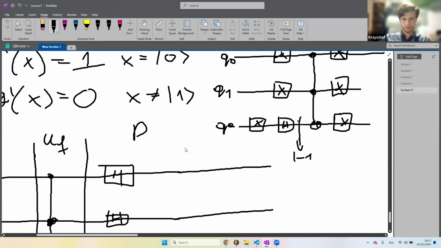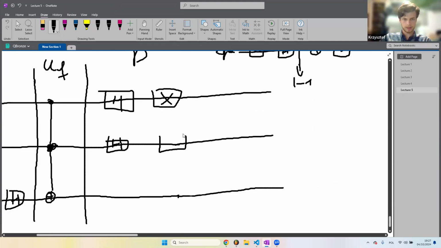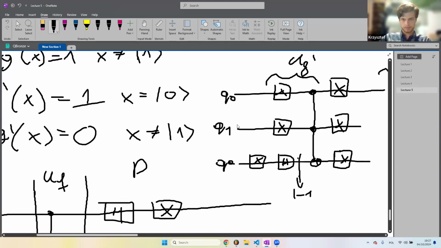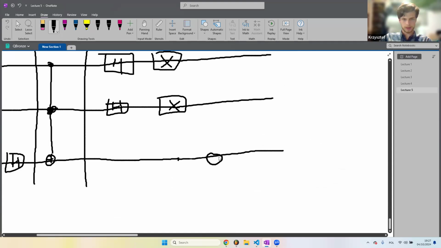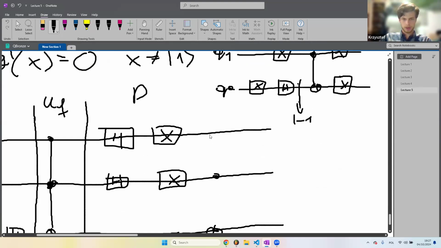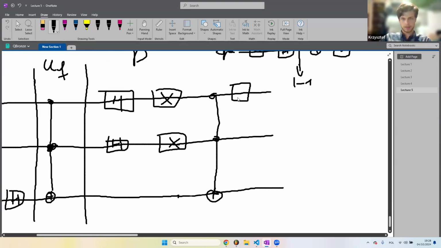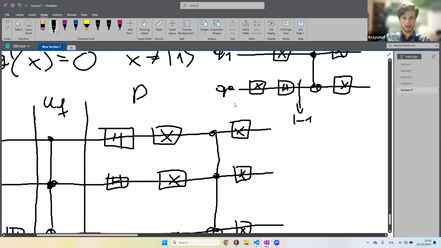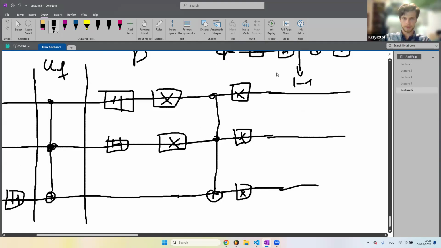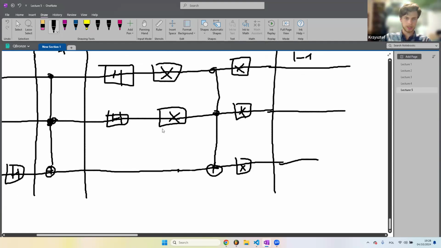So this is followed by an X gate, followed by a control NOT. And we need to revert our state for it to have the form of our D operator.